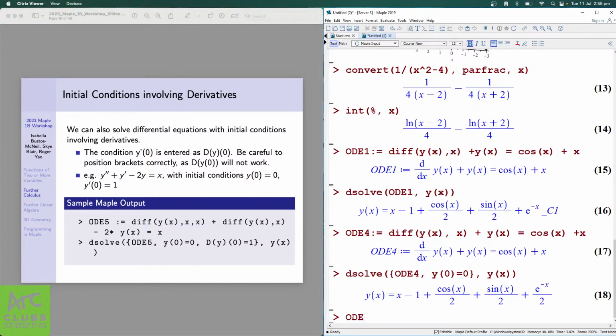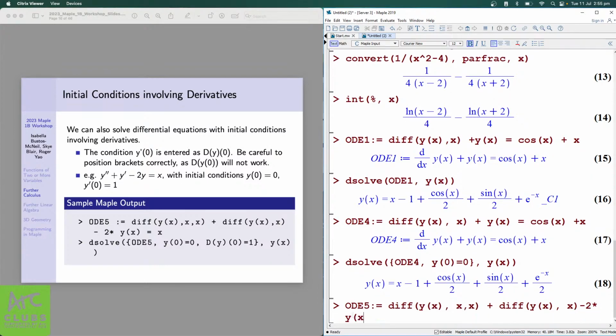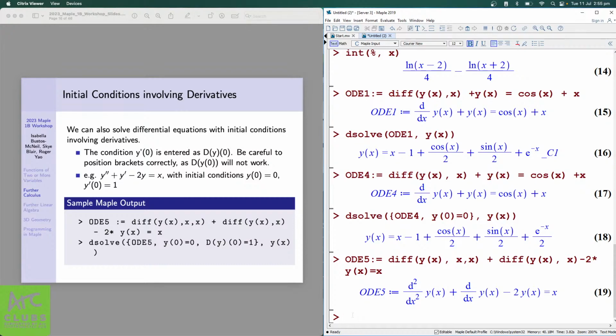So for example, with that differential equation there, what we can do is we can enter it in as ODE 5, and so that's equal to diff y of x, so we're going to do double derivative, minus 2 times y of x equals x. So we enter in our differential equation, and then we do dsolve to solve it.